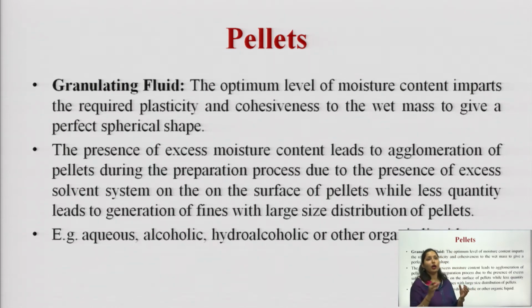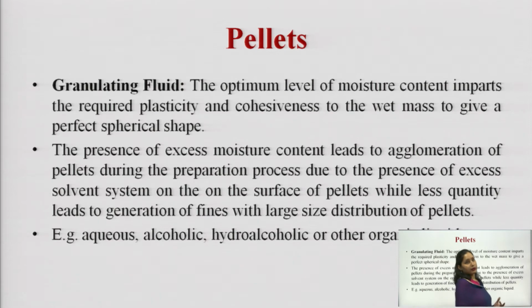So, for making them into the spherical shape, we need to incorporate the granulating agent. For that, what they do is provide sufficient moisture so that the dry solid powder gets converted into the form of wet mass. Okay.